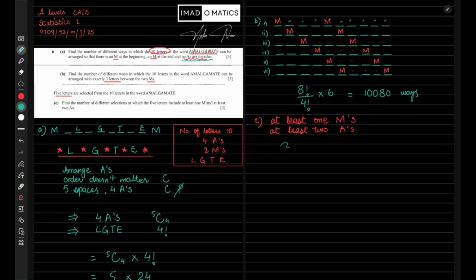So, okay, 5 letter words. First make 5 spaces, 1, 2, 3, 4, 5. 1 M and 2 A's. This is the least possible thing.